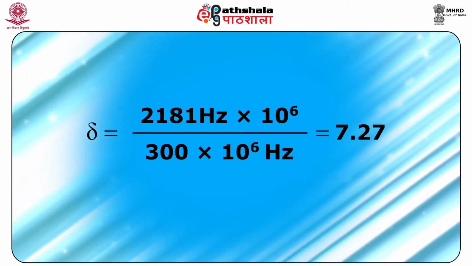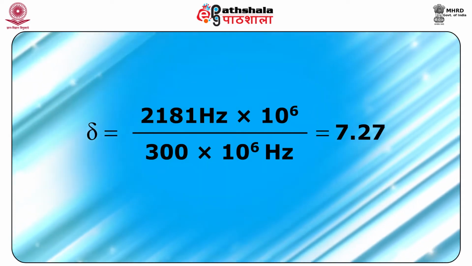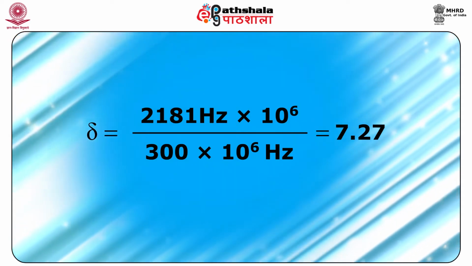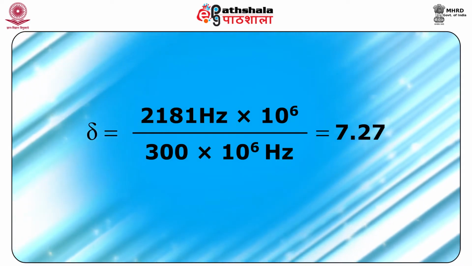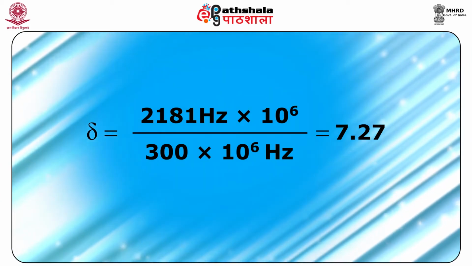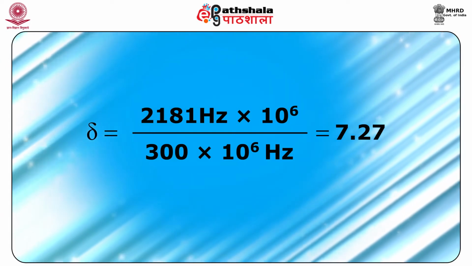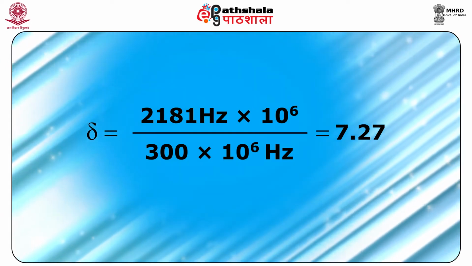Now let us take an example. When benzene is analyzed using an NMR spectrometer operating at 300 MHz, the protons of benzene absorb at a frequency that is 2181 Hz larger than the frequency of absorption of TMS.